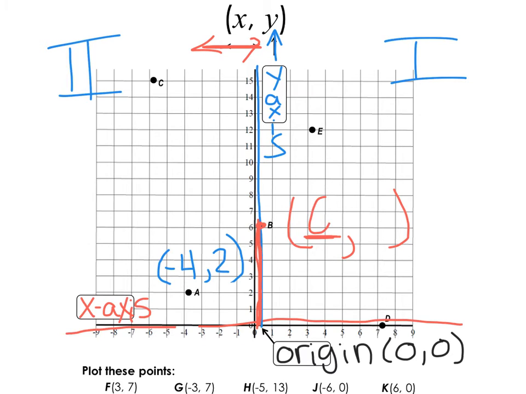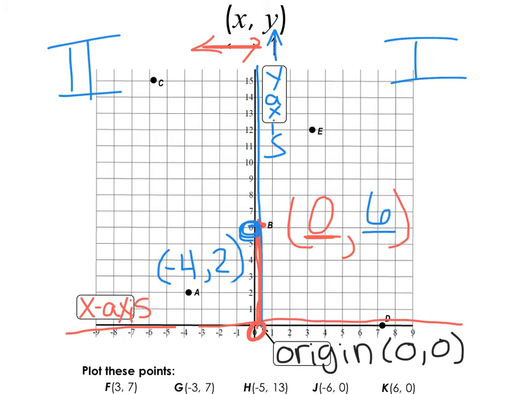So my x is 0. Now I'm going to check on my y number line. My y number line, B is at 6. So the ordered pair for B would be 0, 6.